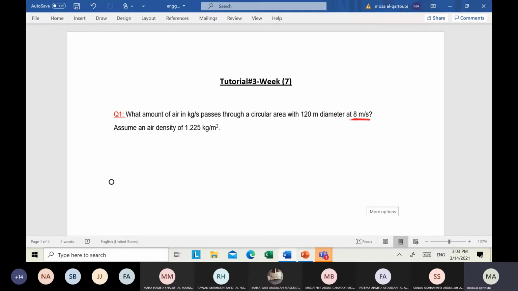So we're starting here. The area is not given as a number, but here given a note: circular area. Also given the diameter, D, equal 120 meter. Also given V, where V is velocity or speed, the same. Speed or velocity of wind equal 8 meter per second.